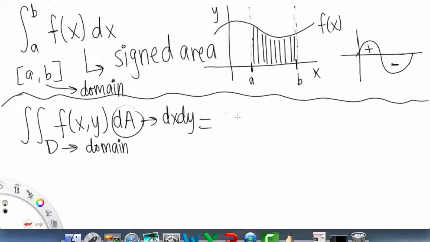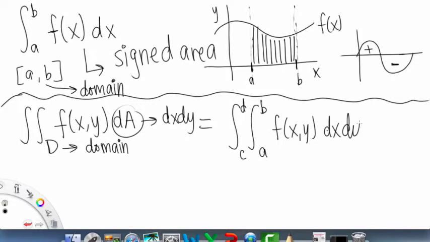So now what we're going to start with is something like, we have to have bounds for these two integral signs, right? So what I'm going to do is write c to d for this one, and a to b for this one, okay? And then we have our normal f of x comma y, and then we'll make this dx dy.